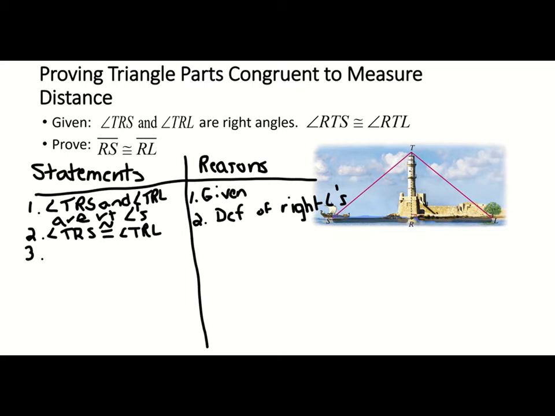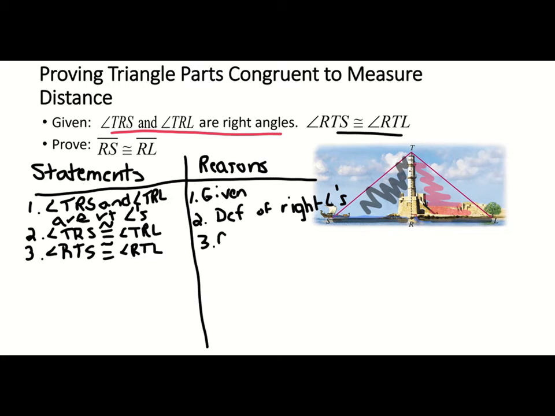So we want to first prove the two triangles are congruent. When I say those two triangles, here's one triangle, and here's the other one that we're proving congruent. So what is another piece of information we can get? We've used our first given, so maybe now it would be good to put in our other given, angle RTS is congruent to angle RTL, and that is, again, our given.